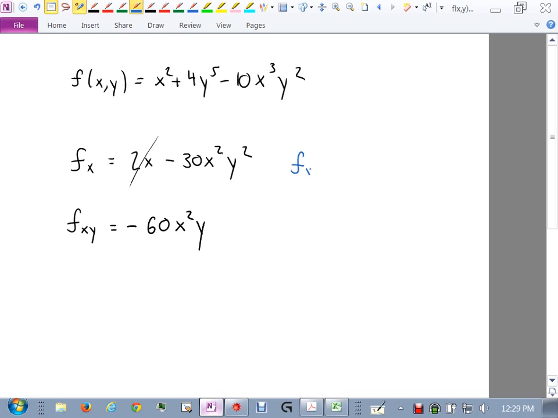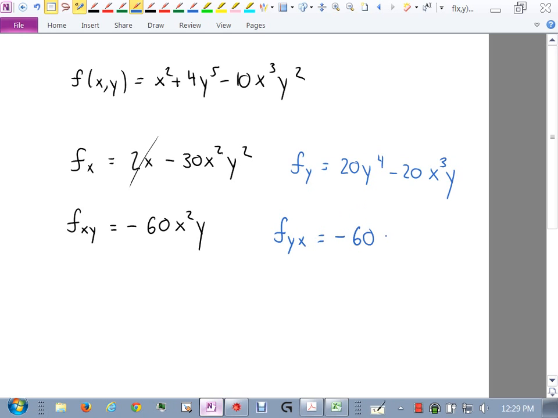What would fy have been? 20y to the 4th minus 20x cubed y. I'm just doing those more so you can go back and check them. What would fyx have been?